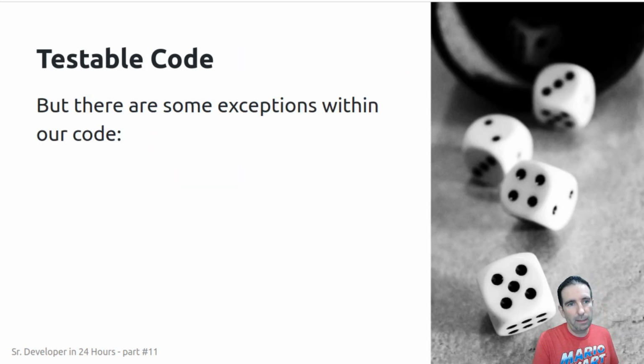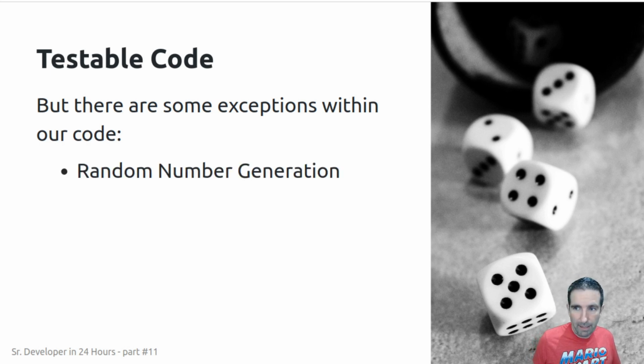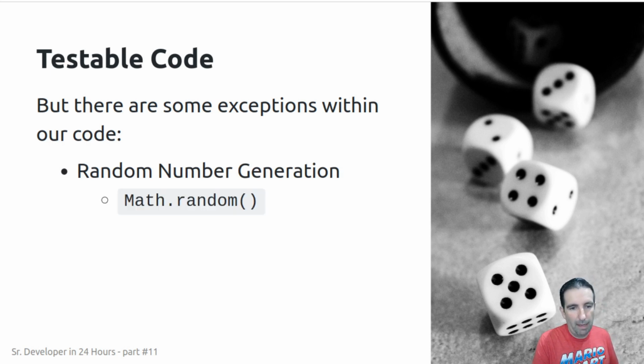But even within our own code, when we exclude any external services, just the code that we write, there are some exceptions that could make our code non-deterministic. And the two main ones are random number generation. When we call a method like Math.random, we're definitely getting something non-deterministic.